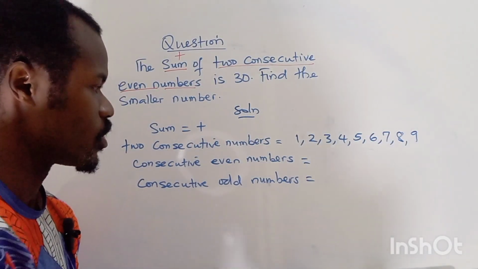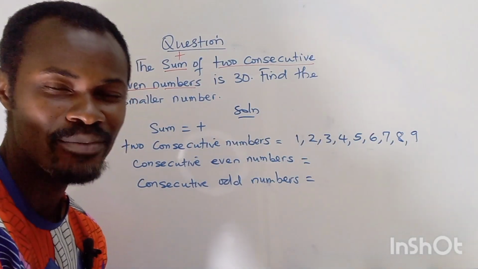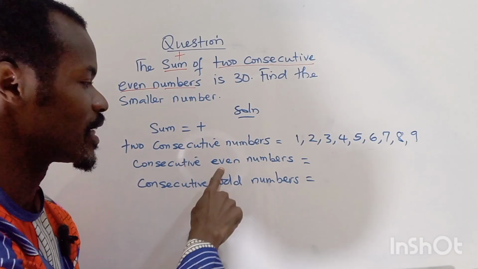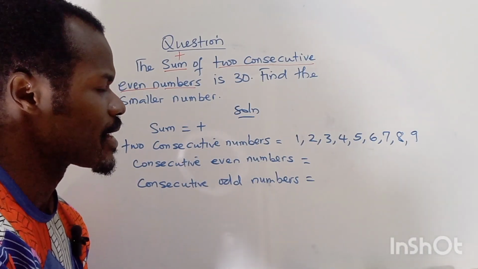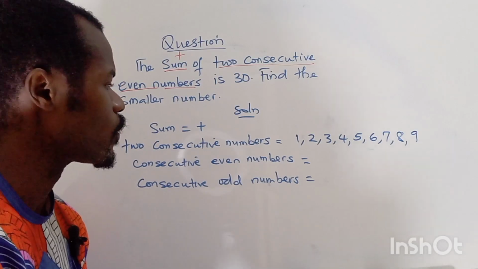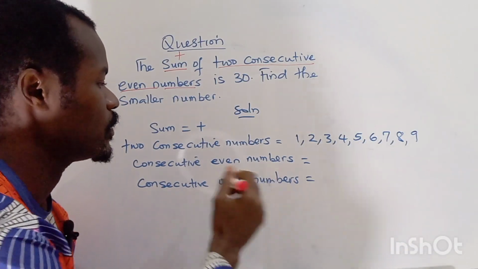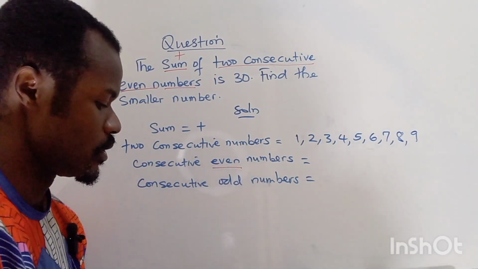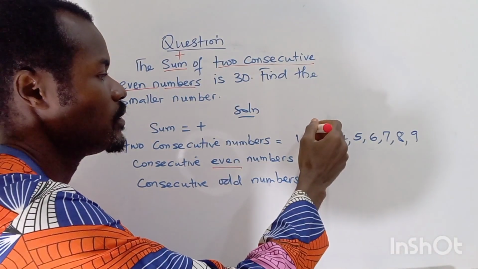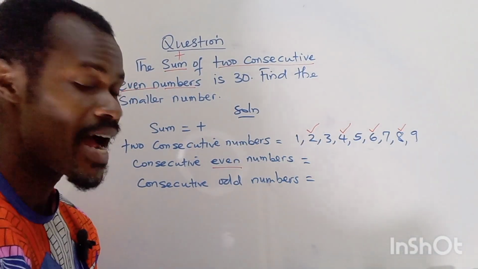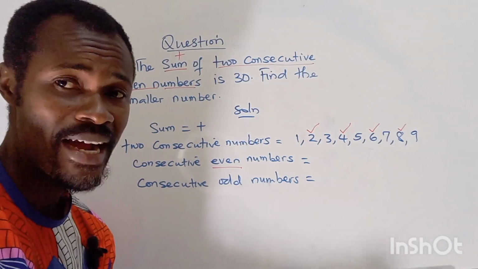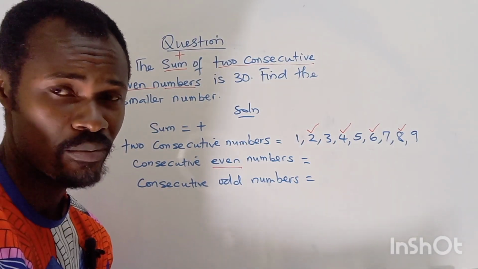From the consecutive numbers we have, let's bring out consecutive even numbers and odd numbers. Now, for instance, for consecutive even numbers, remember the word is even. So I know this is even, this is even, this is even, this is even. Why are they even? Because you can divide those numbers by 2 without any remainder.